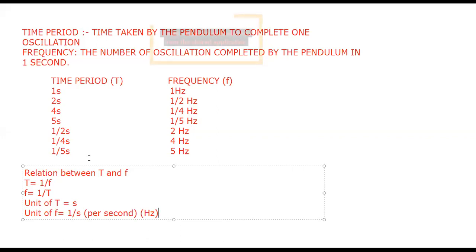Whenever the object is repeating itself, whenever the object is completing its motion again and again, if the motion is repeated, you will always find that this is the relation between the time period and the frequency. Okay, so write down, this is very important, the relation between time period and frequency.